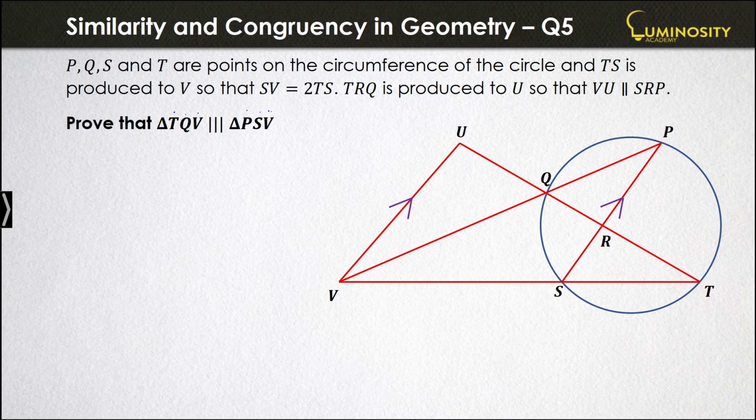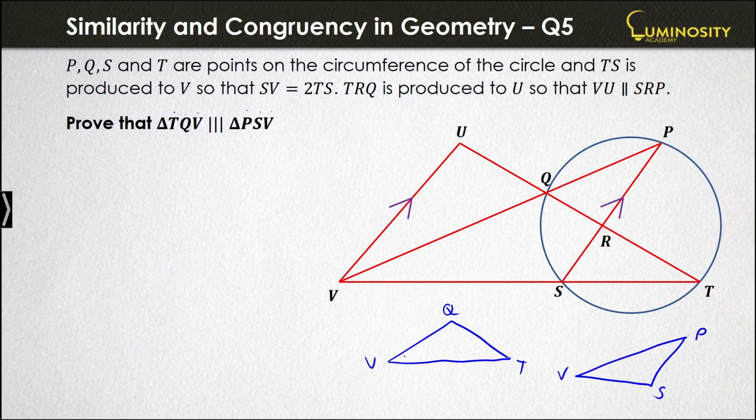So triangle TQV, let's take that out of the diagram and analyze some of the properties. There's TQV, and then triangle PSV is this one here. First of all, V is a common angle.